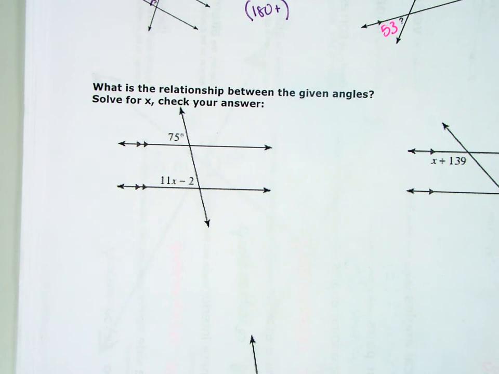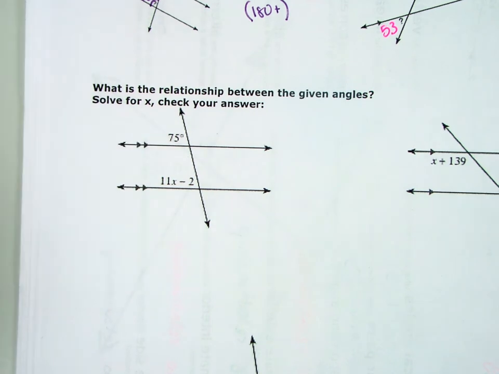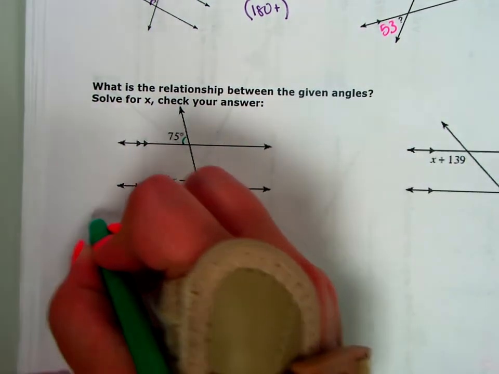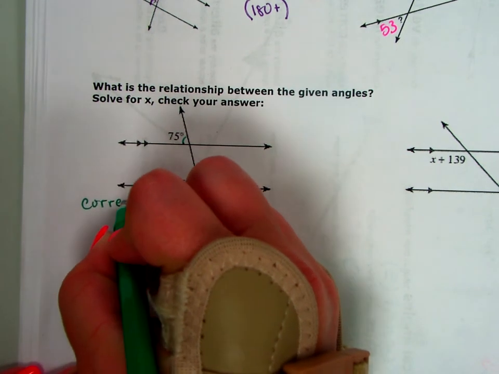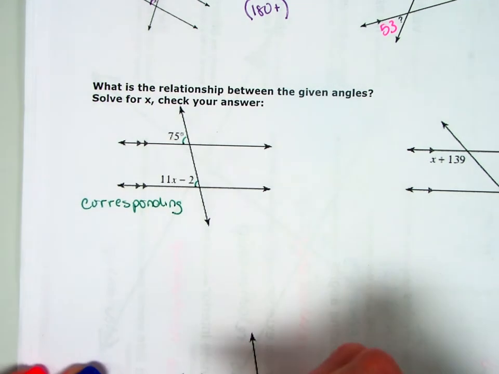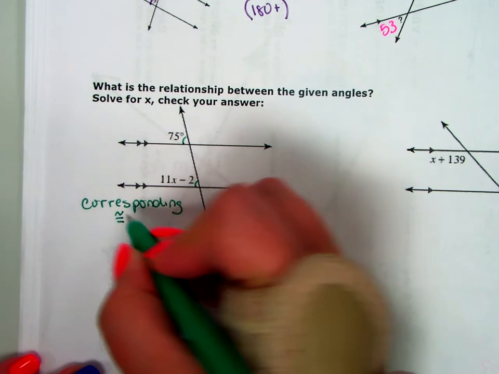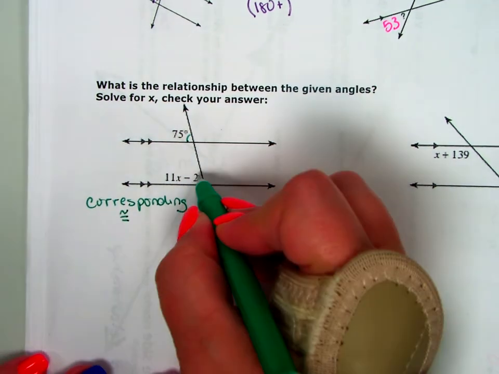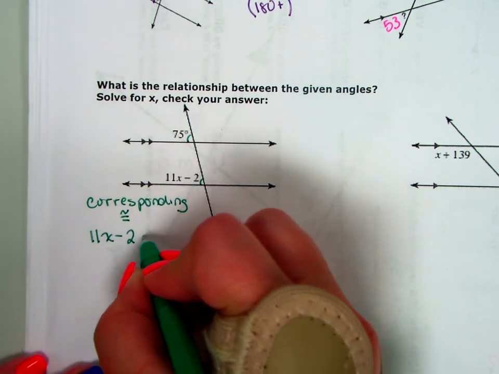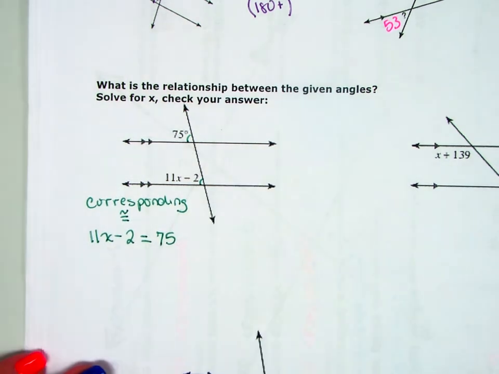When I look at this one here, it says, what is the relationship between the given angles? What do we call this pair? Corresponding. Which means what? Congruent or supplementary? Congruent. That means they have equal measures. So that means this angle's measure, 11x minus 2, is equal to this measure's 75.